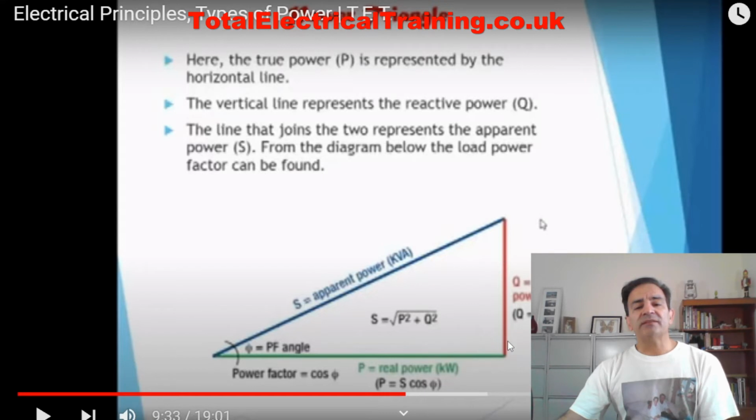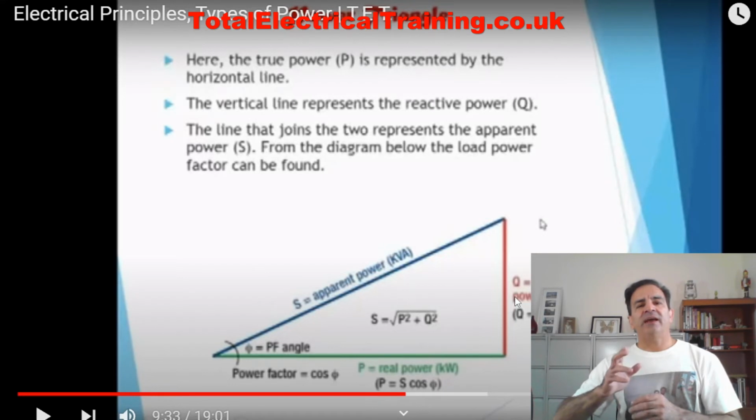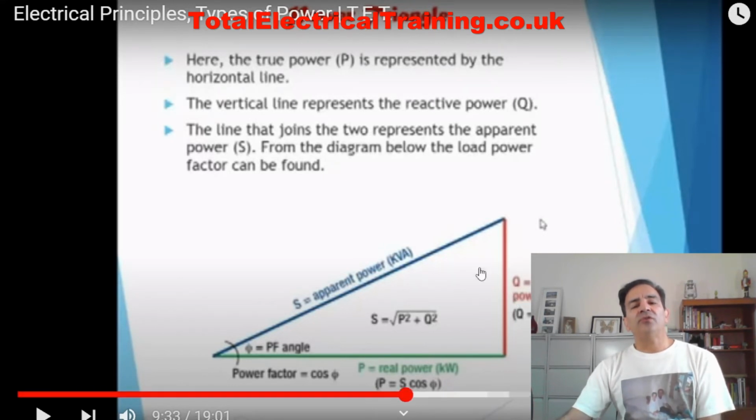So to bring this down, because most of our household items or devices are inductive, we need a capacitive reactance to counteract this and bring it down.